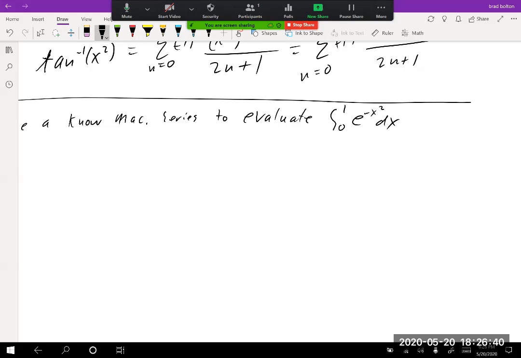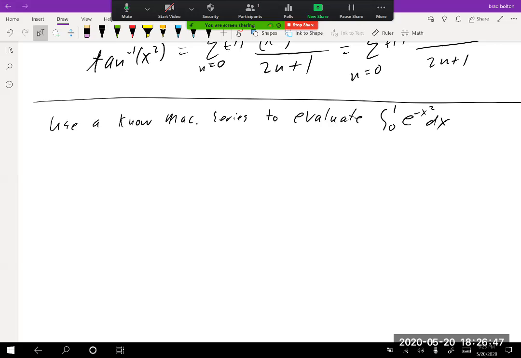Okay, so this is a pretty difficult problem. This comes in like multiple parts. So we're going to use a known Maclaurin series to evaluate the integral from 0 to 1 of e to the negative x squared dx.